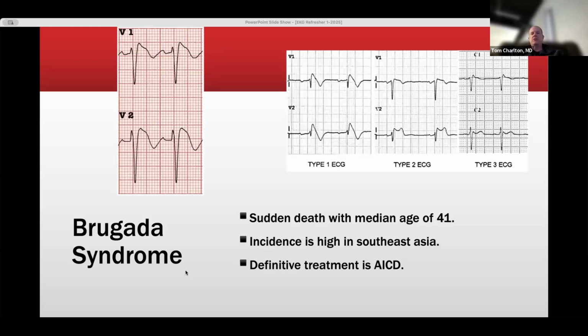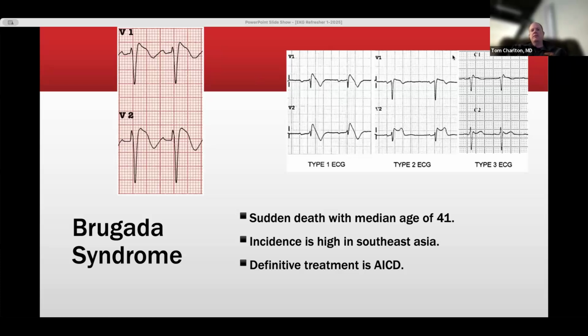The median age of death is 41. And really the only definitive treatment for the congenital kind is a defibrillator. What you'll see is this biphasic T wave, this kind of down and up. That biphasic T wave is the type you will typically see in the congenital kind.